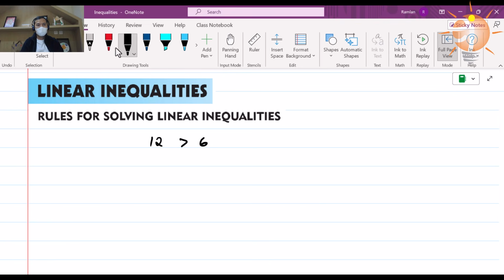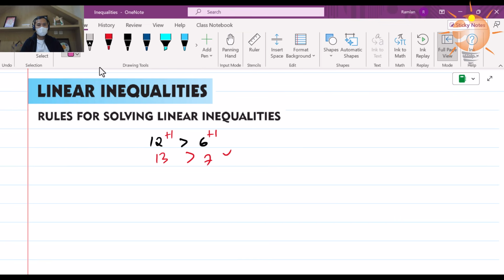Now, if you remember, when we solve an algebraic equation, you need to do the same thing on both sides, either add, subtract, multiply or divide, as long as you're doing the same thing on the left and the right side. Now for example, if I add 1 on the left side and the right side, I'm doing the same thing on both sides, it'll be 13 and 7, and you see that 13 is greater than 7, right? The sign here doesn't change.